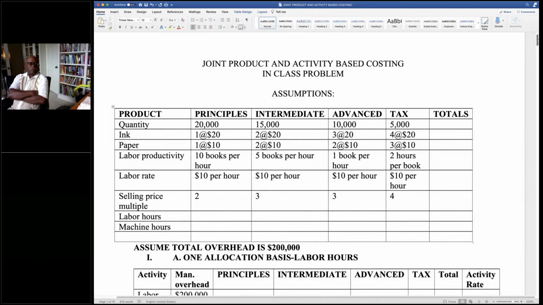Okay, so basically, the labor hours, how we're going to get that is we're going to add up all the labor hours, right? So we're going to start off with principals. And how we get that is, let me make sure I'm saying the right thing.